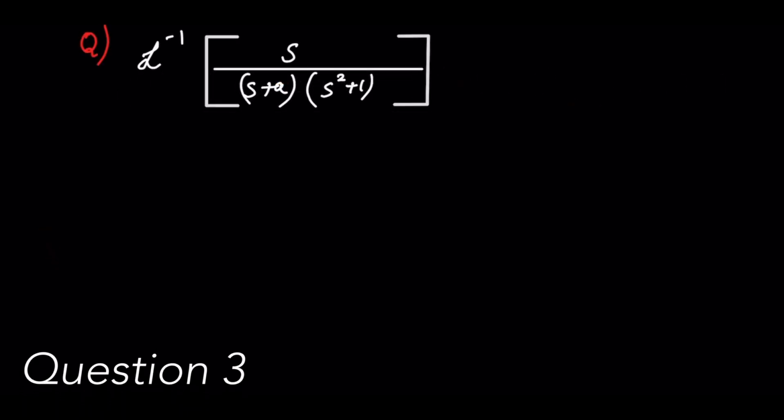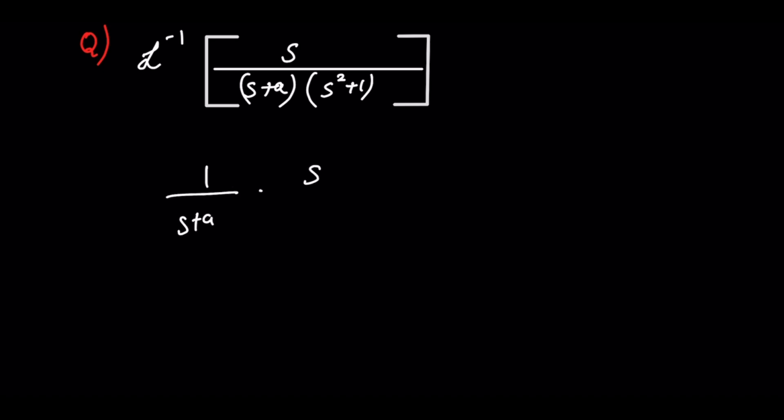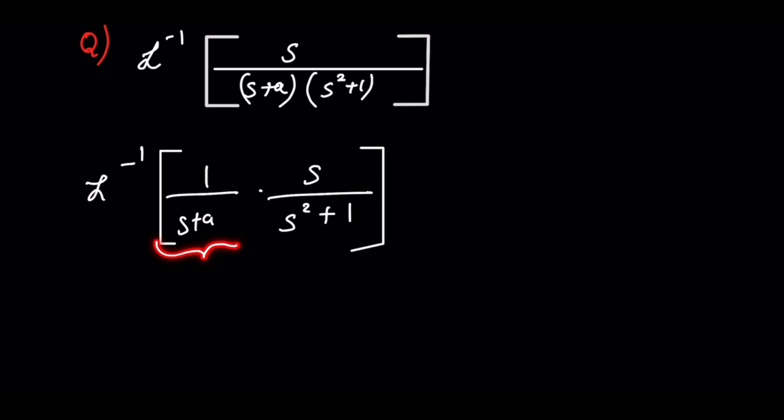You're going to solve this expression and find its inverse Laplace transform. We can clearly see that this expression can be represented as a product of two simpler parts, 1 divided by s plus a and s divided by s squared plus 1. We can find the inverse Laplace transform of each of these terms individually.